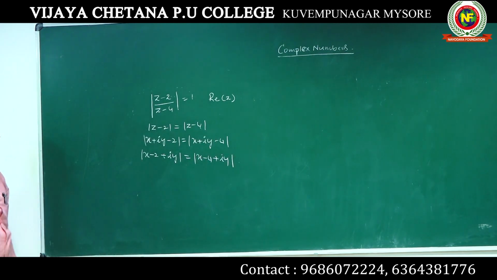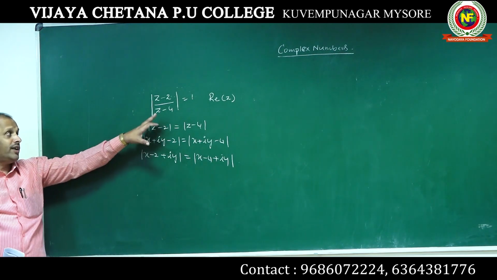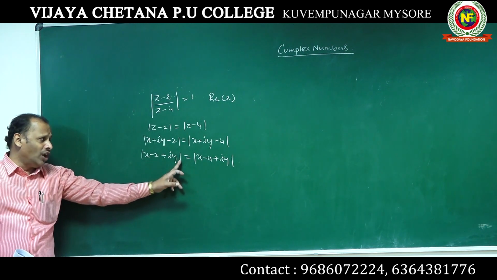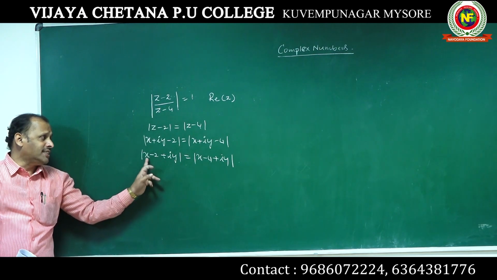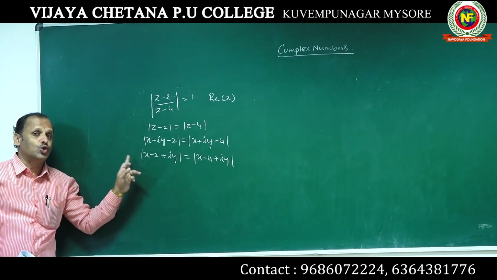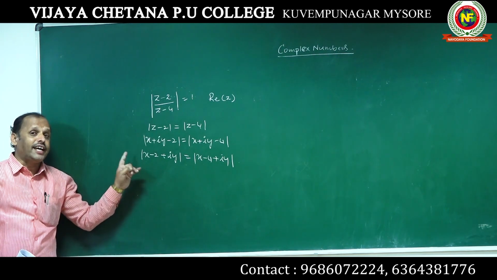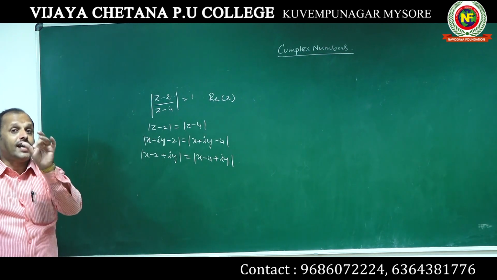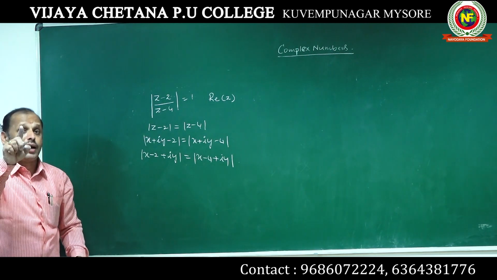Okay, finished. Now I take the real part. Before we find the real part of the given equation, first we should take this in the modulus form. We know the modulus of x plus iy is the square root of x square plus y square.